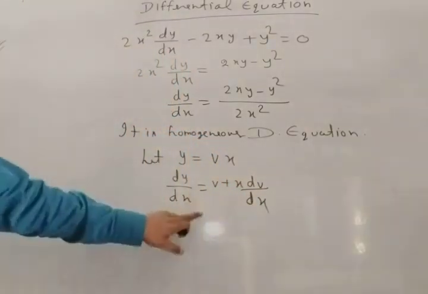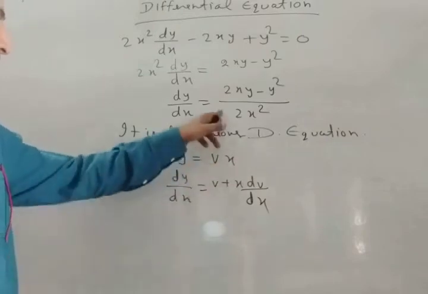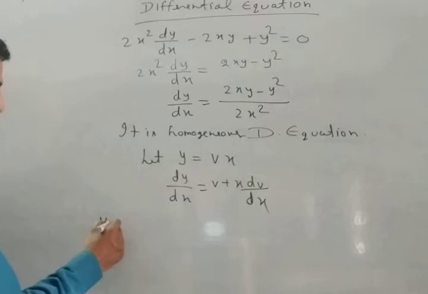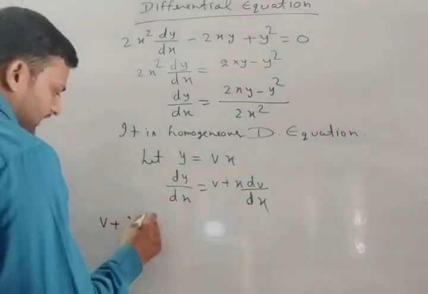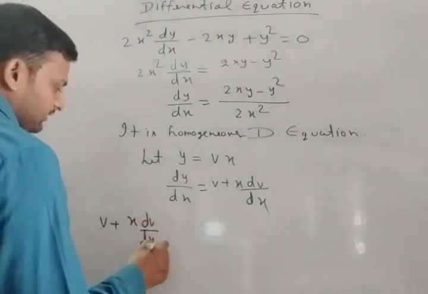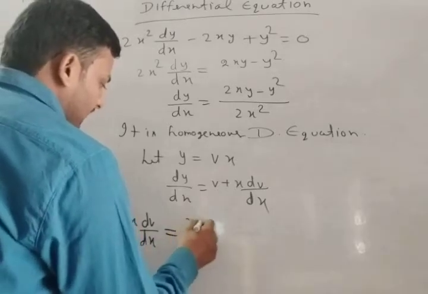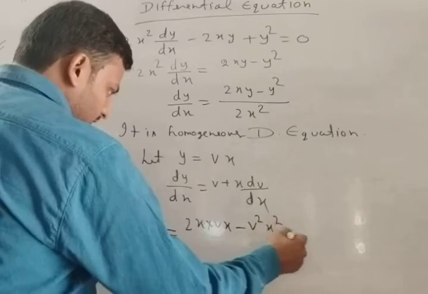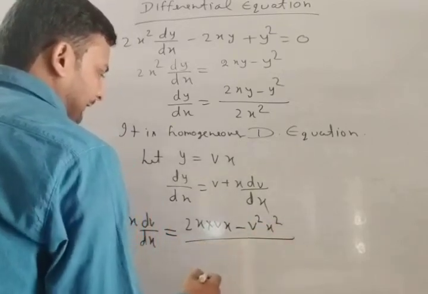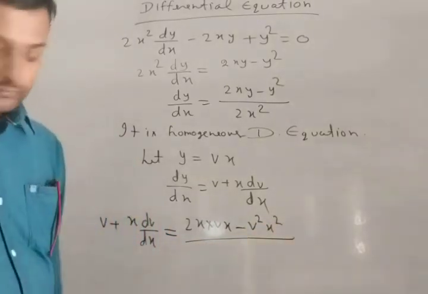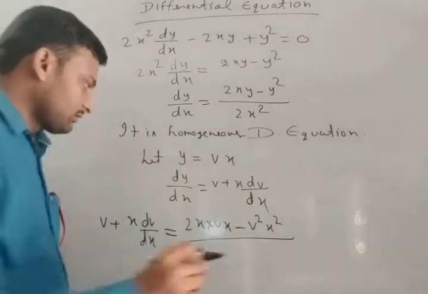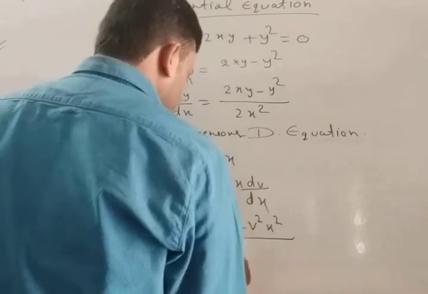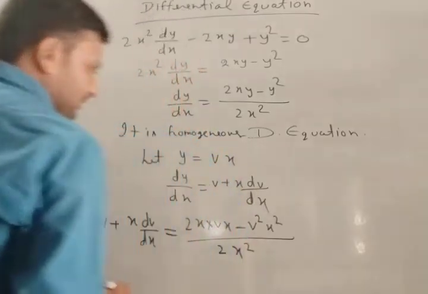Okay. Now these two values we will put in this equation and we get v plus x dv by dx is equal to 2x into vx minus v square x square by 2x square.